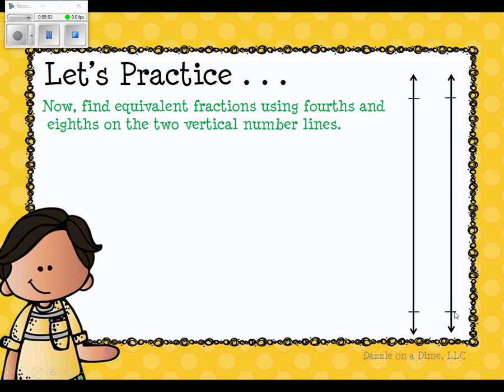And then we're doing 8ths. So 1/8, 2/8 should line up with 1/4, 3/8, 4/8 should line up with 2/4, 5/8, 6/8 should line up with 3/4, 7/8, and then 1.